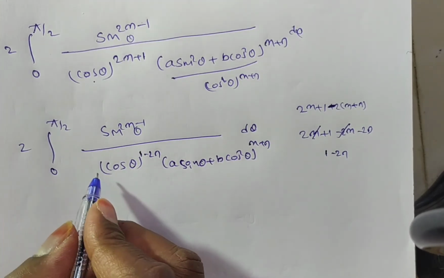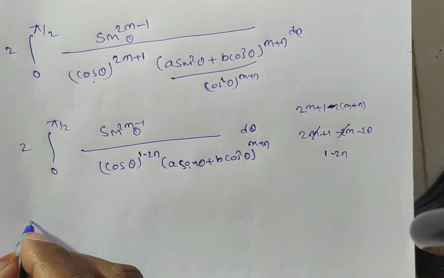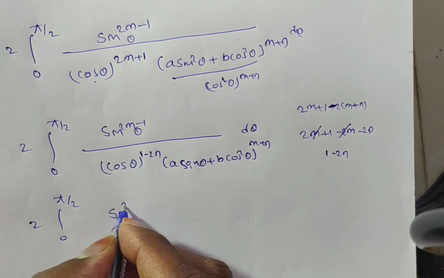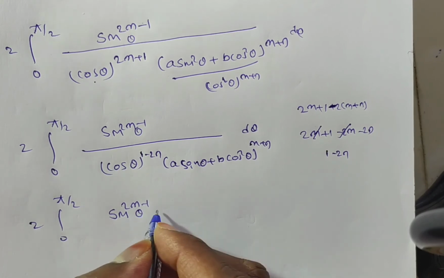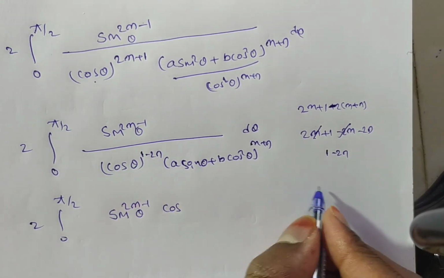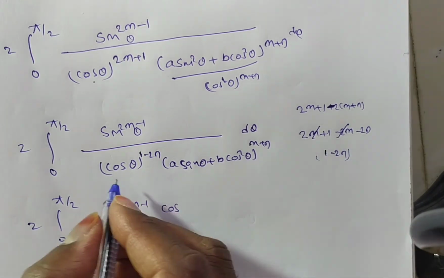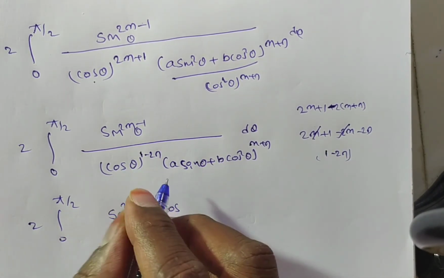But both sine and cosine should be in the numerator. So 2 times integral 0 to pi by 2 sin to the power of 2m minus 1 theta into, you write it in the numerator, then what will happen here? The inverse power, the minus will become plus.